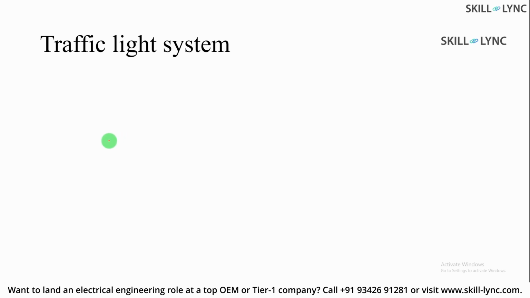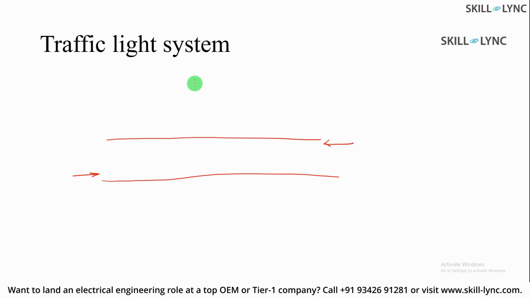Let's say we have a traffic light system where it's a crossroad like this. There is one road going in this direction and another traffic coming in this direction. So this is one road, and similarly the junction has another road at 90 degrees where the traffic comes from top to bottom like this.